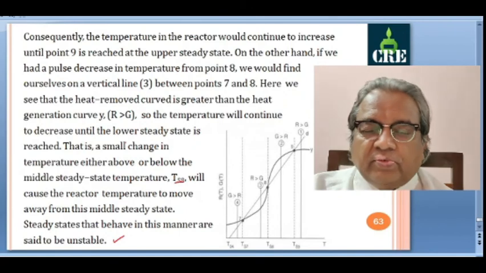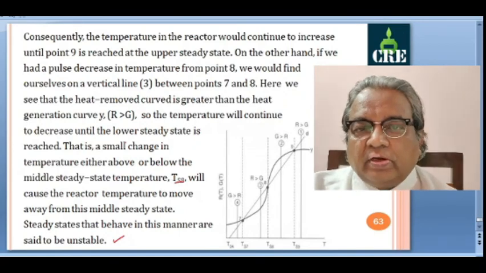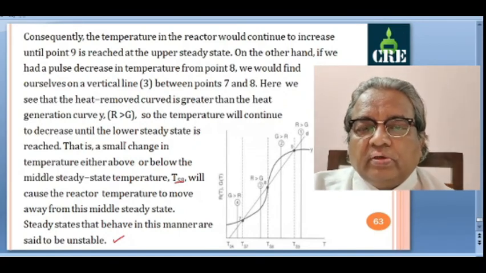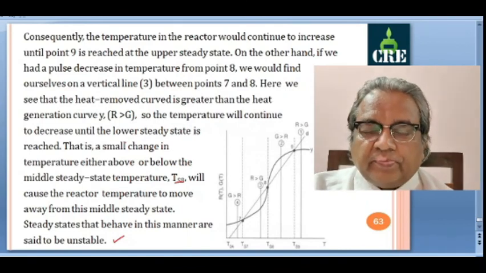Then we have seen how multiple steady states are possible, and if you have multiple steady states you will prefer to operate at the upper steady state line. Okay, the upper steady state you will operate, and that is the advantage that we have also seen.